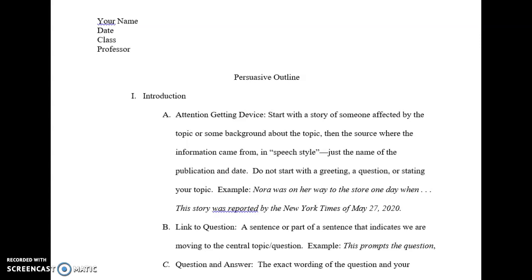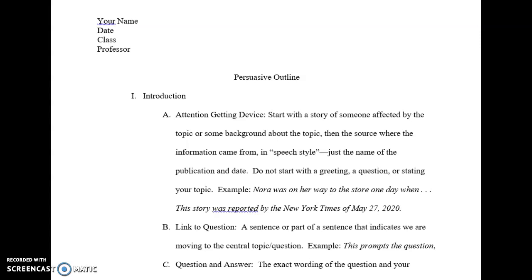Let's talk about the persuasive outline. Once you have your topic question developed and approved by the professor, it is time to develop an outline.